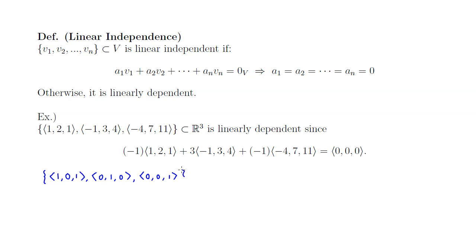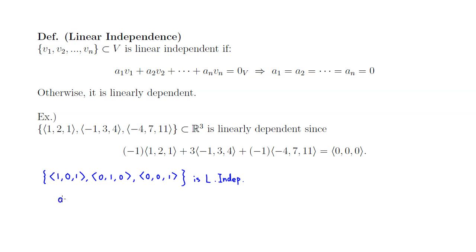These are the most obvious ones, and we know that this set is linearly independent. But how do we know that there aren't non-zero coefficients so that the linear combination equals the 0 vector? So in this case, let's try to find out the coefficients.